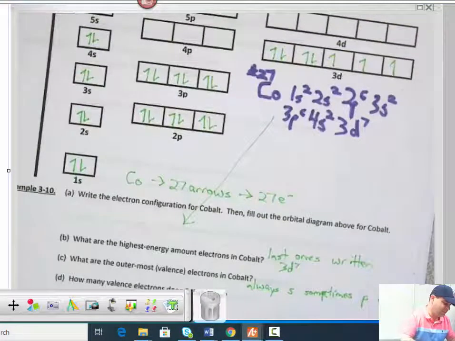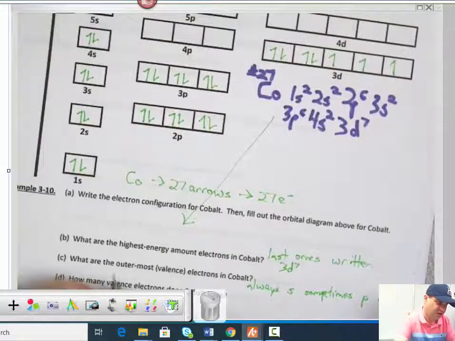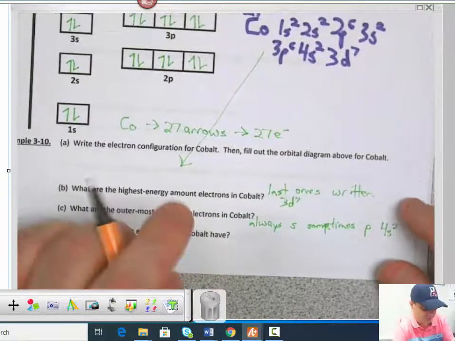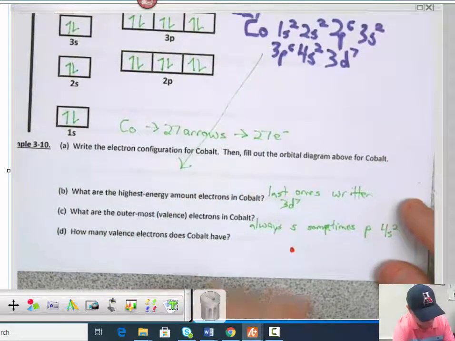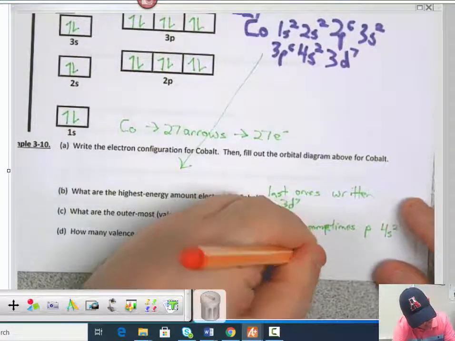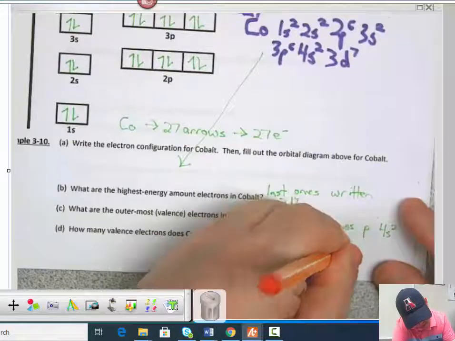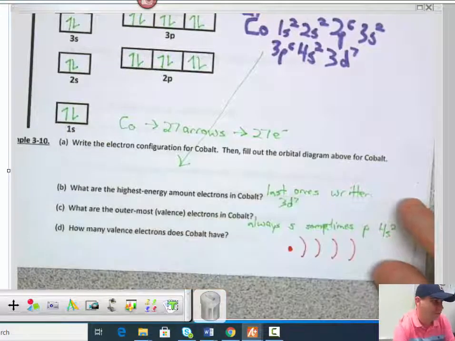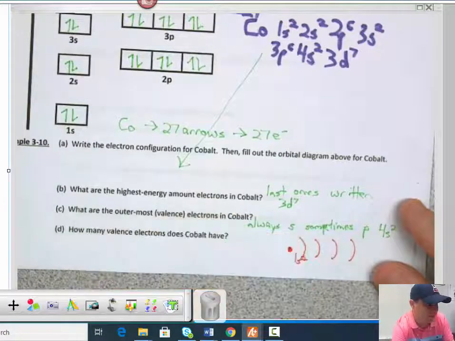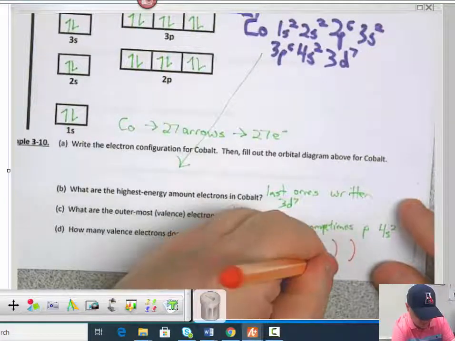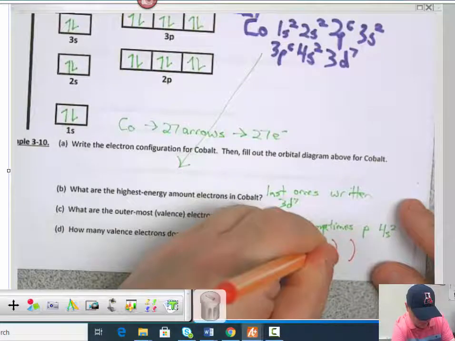Ready? This is a Bohr diagram. I do not draw Bohr diagrams except for this one example here. Here's my nucleus of the atom. Energy level 1, energy level 2, energy level 3, energy level 4. Energy level 1 has 1s2. Energy level 2 has 2s2, 2p6.